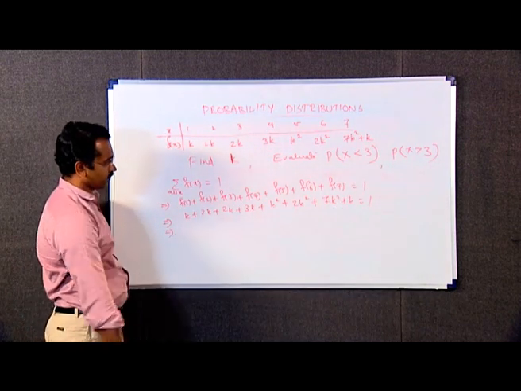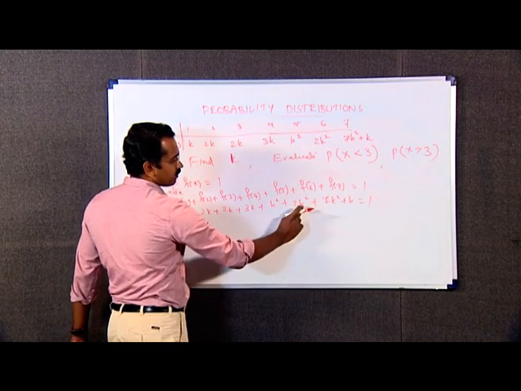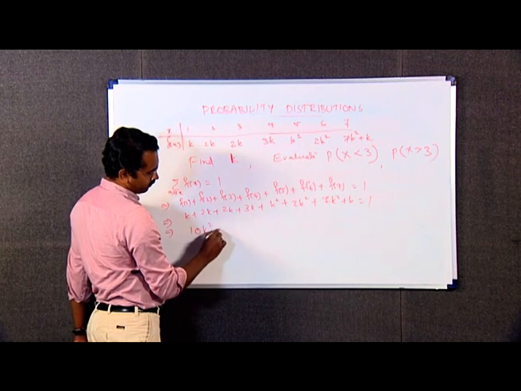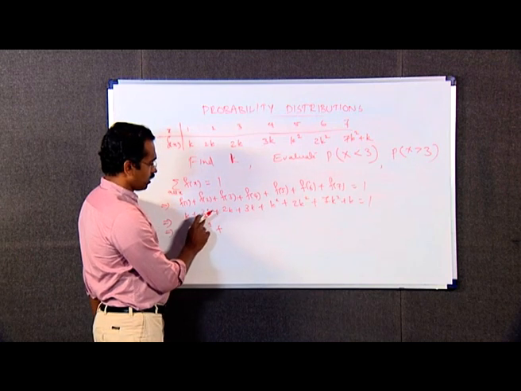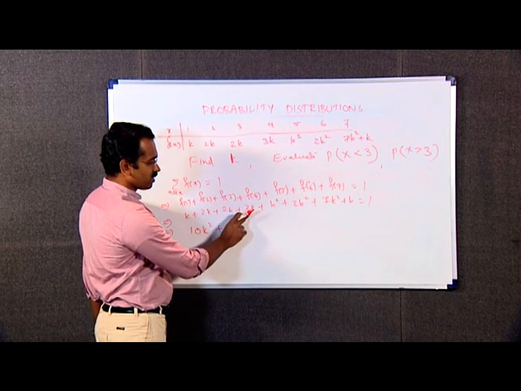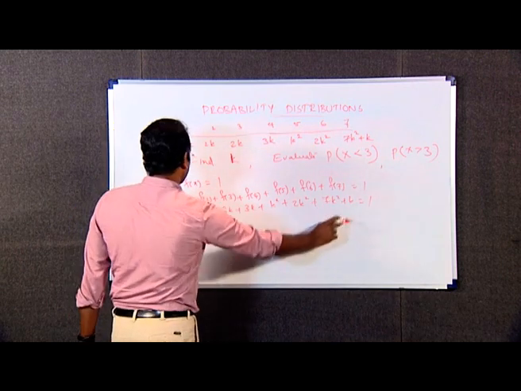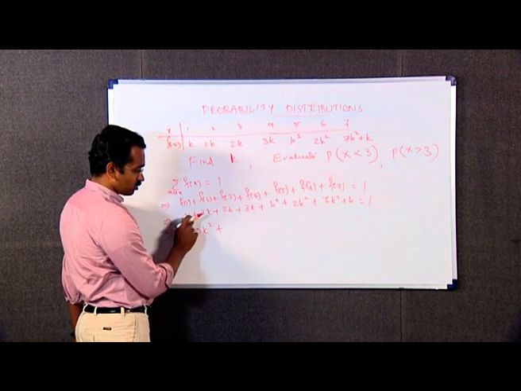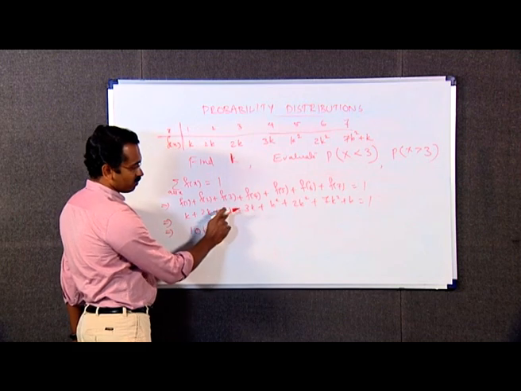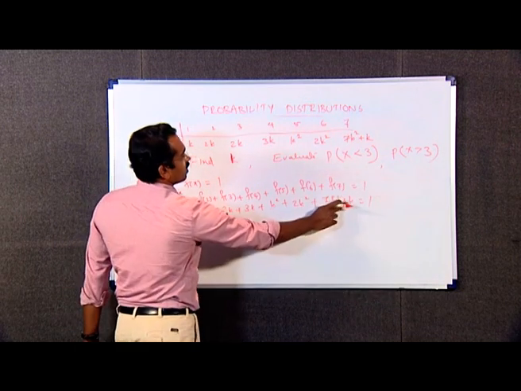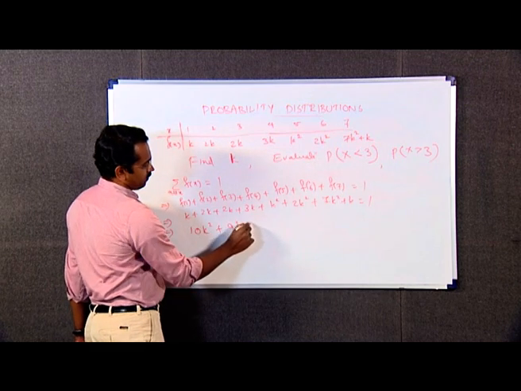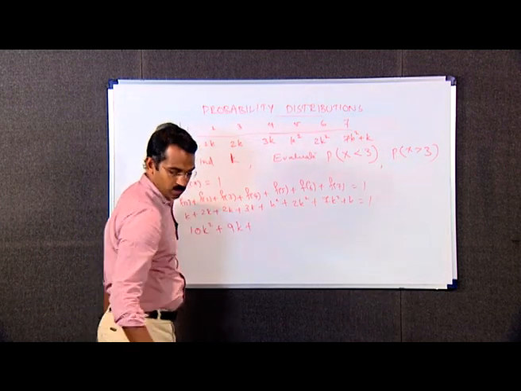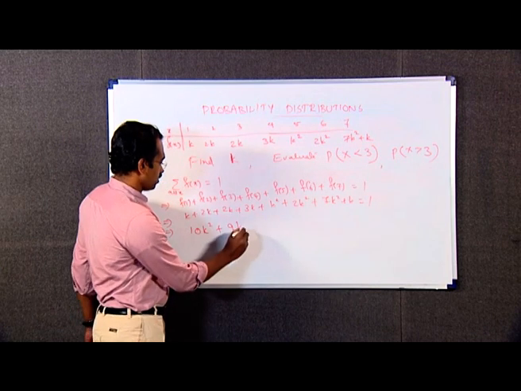This implies 7k square plus 2k square is 9k square, plus 1k square is 10k square, plus 2k plus 2k is 4k, plus 3k means 7k, plus 1k, 8k, and k plus 2k is 3k, 3 plus 2 is 5, 5 plus 3 is 8, plus 1 means 9k, plus minus 1 equal to 0.